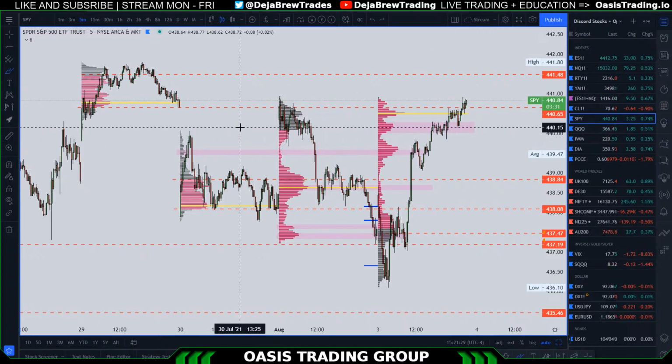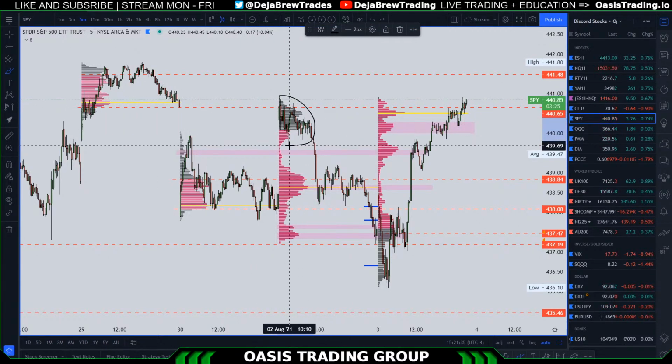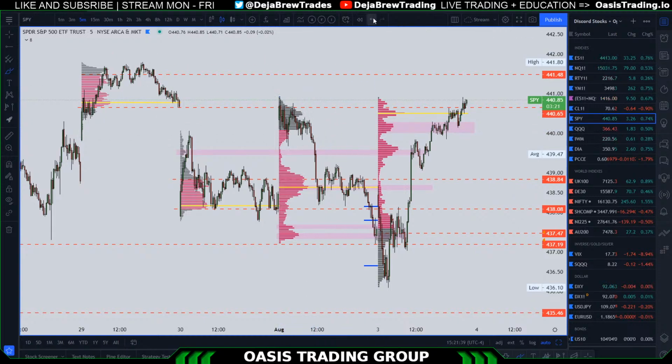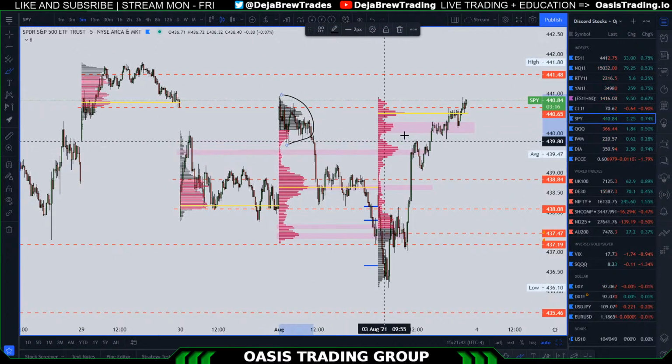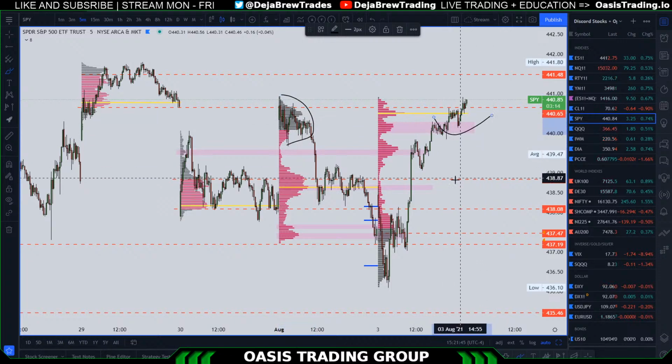If it wants to be very efficient, it needs to retest that area, which it did beautifully yesterday. And you had that fill in on that massive node there. And now that massive node is acting as support. So this is very bullish.